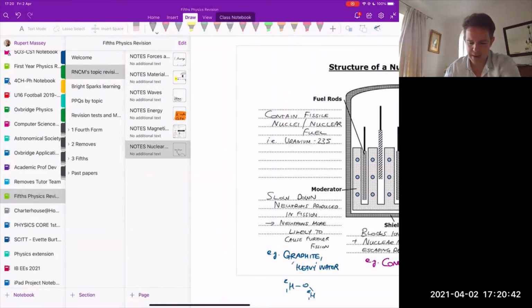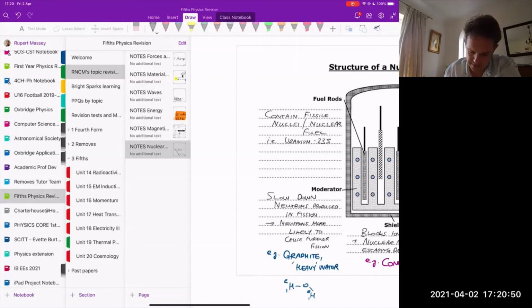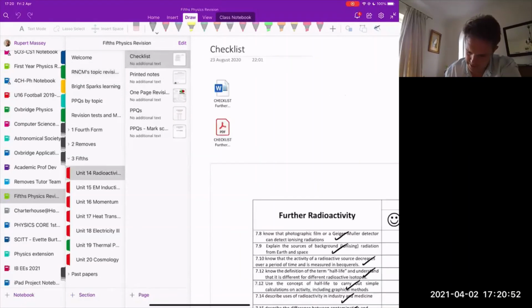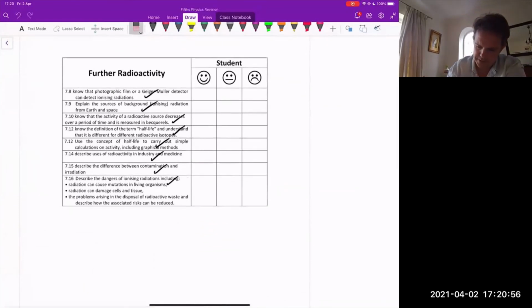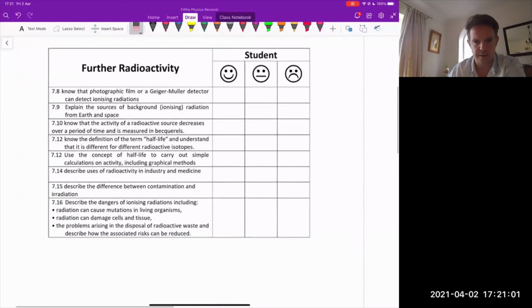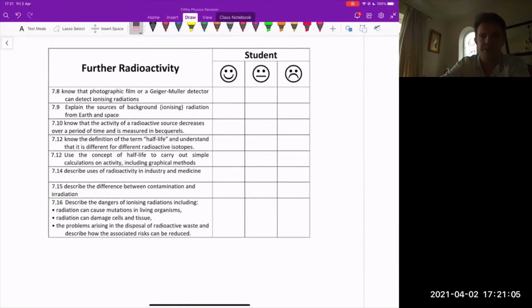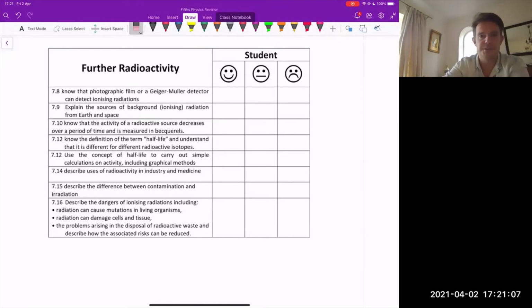However, I am happy to spend some time now answering questions, if you have any, on radioactivity. So let me put the checklist up here. Now, you covered this year, so to be honest, I suspect that a lot of this is still okay. So any questions, fire away. If you want to leave, you can.